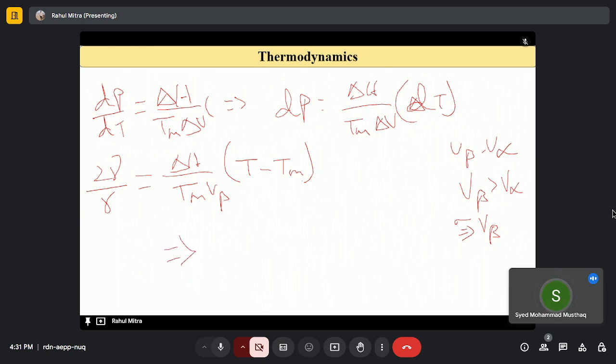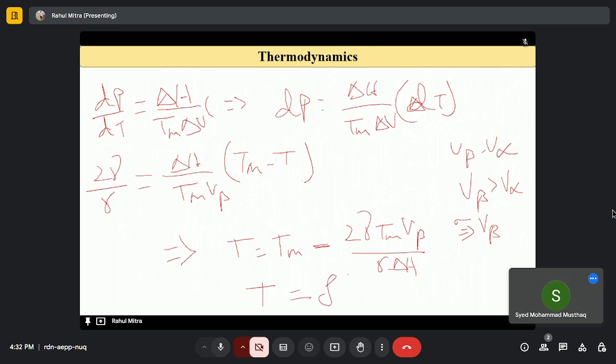This will turn out to be T equals Tm minus 2 gamma Tm V beta by R delta H. So T is a function of R and it is inversely proportional.